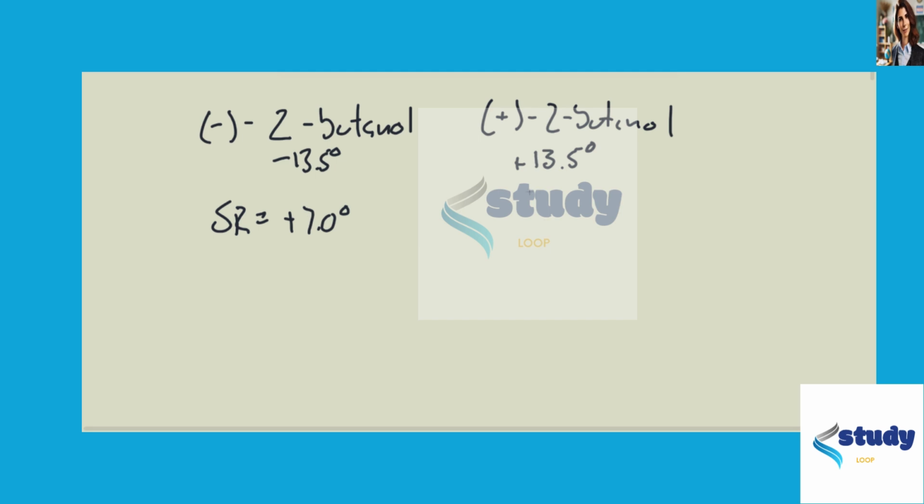Now, what we need to do is find out what fraction or what percent of our mixture is 2-butanol if the specific rotation of our mixture is positive 7 degrees.